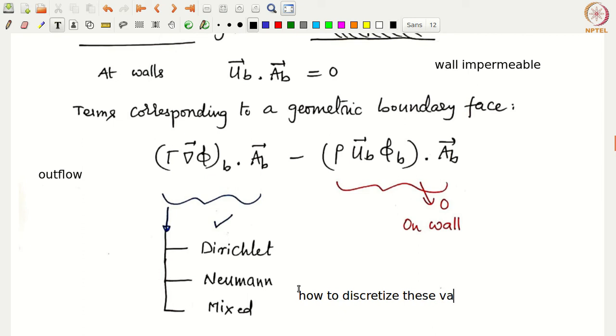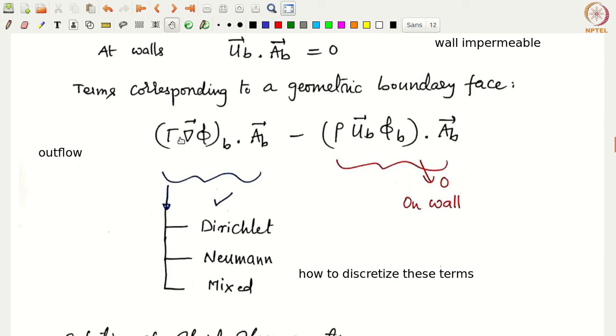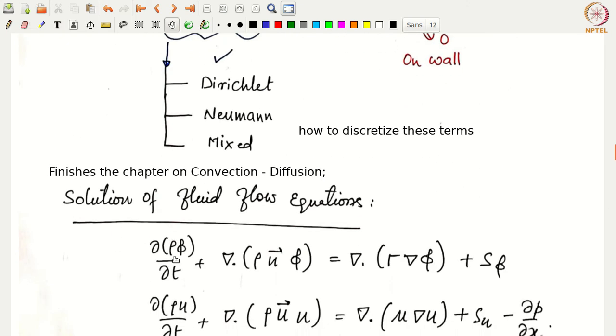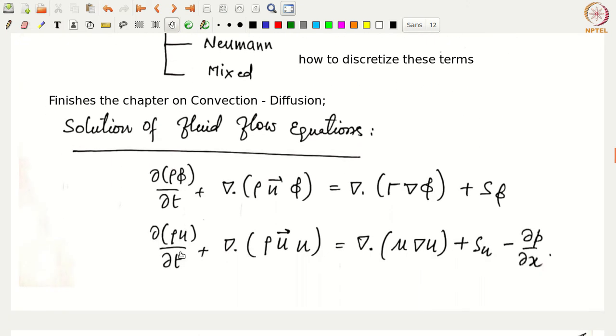We know how to discretize these terms, whether it is a Dirichlet, Neumann or a mixed boundary condition. Okay, so that finishes the chapter on convection diffusion. Okay, so all right, let us move on to the solution of fluid flow equations.